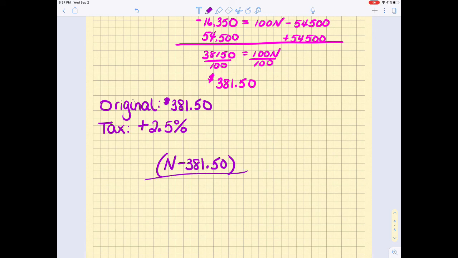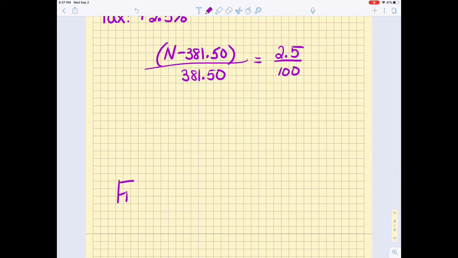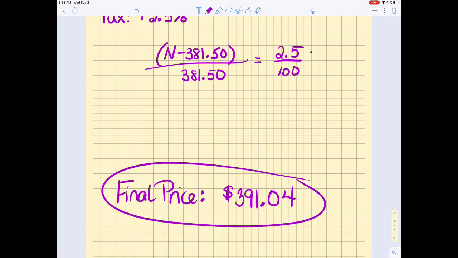So N over original price, $381.50, equals, this time it's a positive 22.5 over 100. I'm actually going to stop there. You can finish this out, but I'm going to tell you the final answer. The final price, after adding everything in, doing the discount, if you do this correctly, is going to be $391.04. So see if you can go from here to here and do the steps and get the right answers.